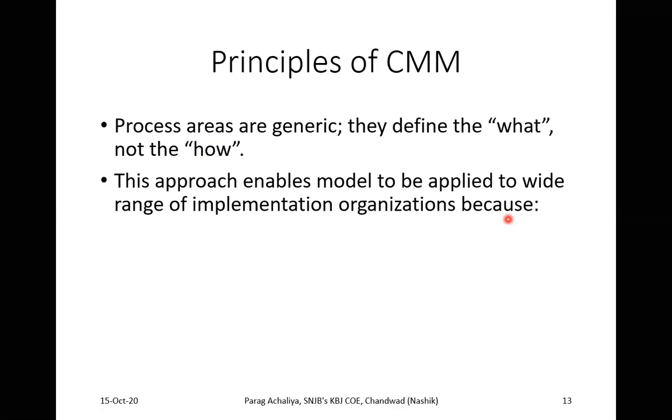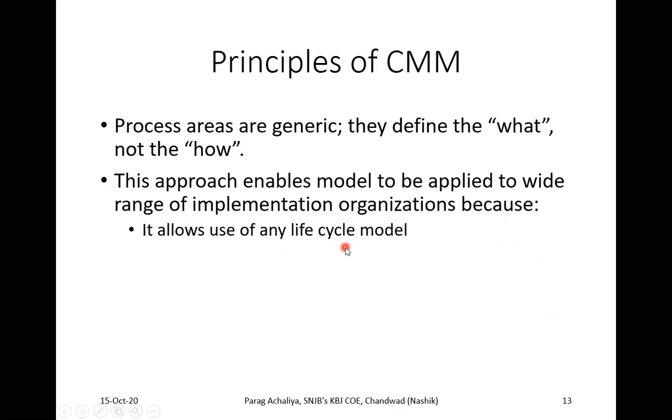This approach enables the model to be applied to a wide range of implementation organizations. Why is it useful? Number one, it allows use of any life cycle model. When you focus on what instead of how, you can use any life cycle model.